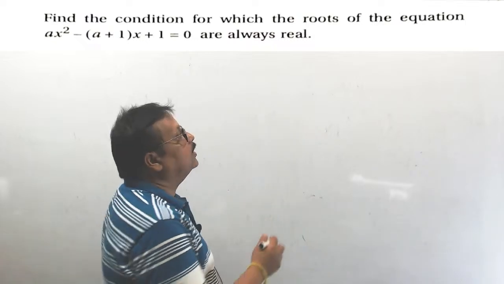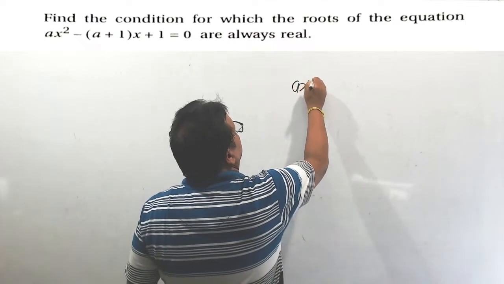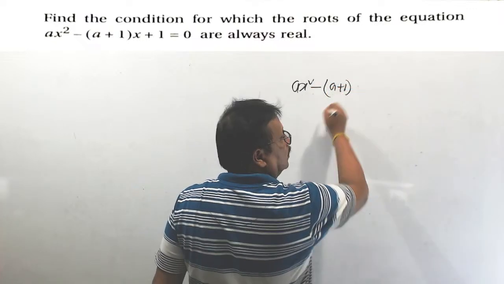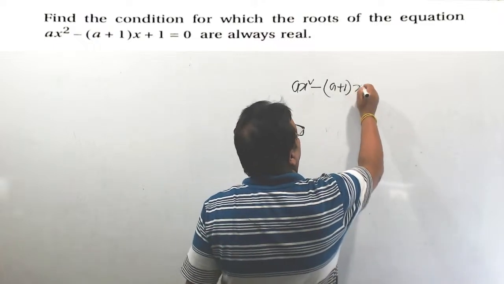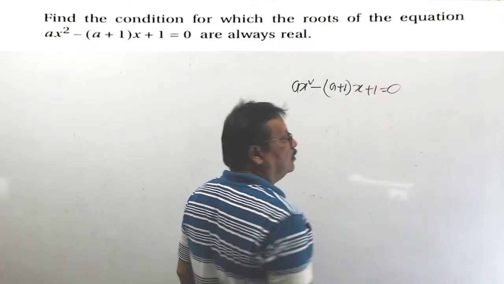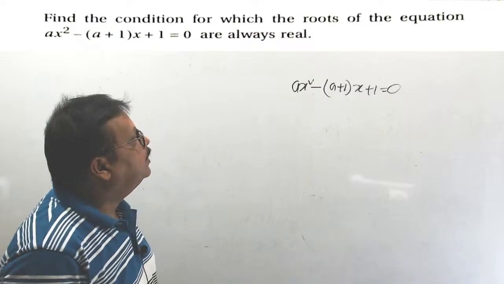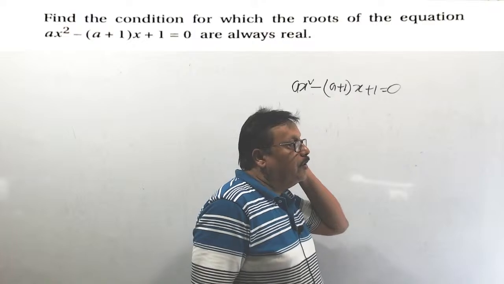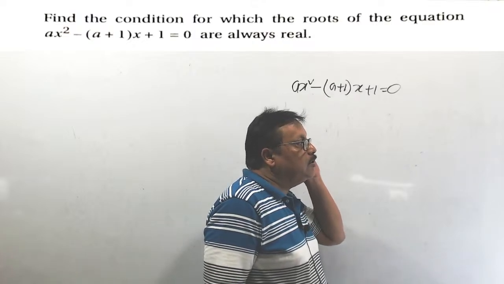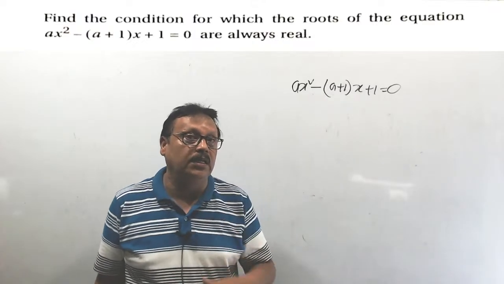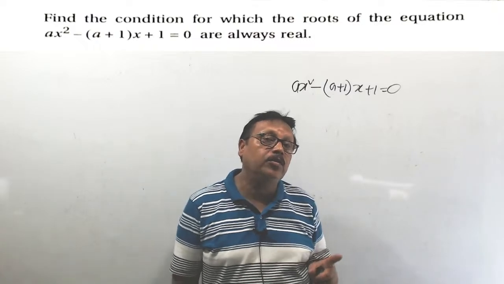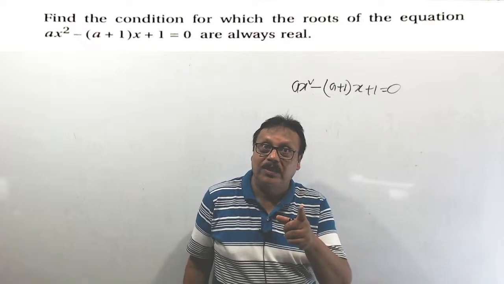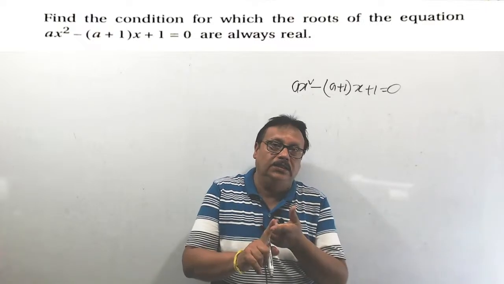What's the equation? ax square minus (a plus 1) into x plus 1 equals 0. Find the condition for which the roots of the equation will always be real. Nature of roots: the roots will always be real.